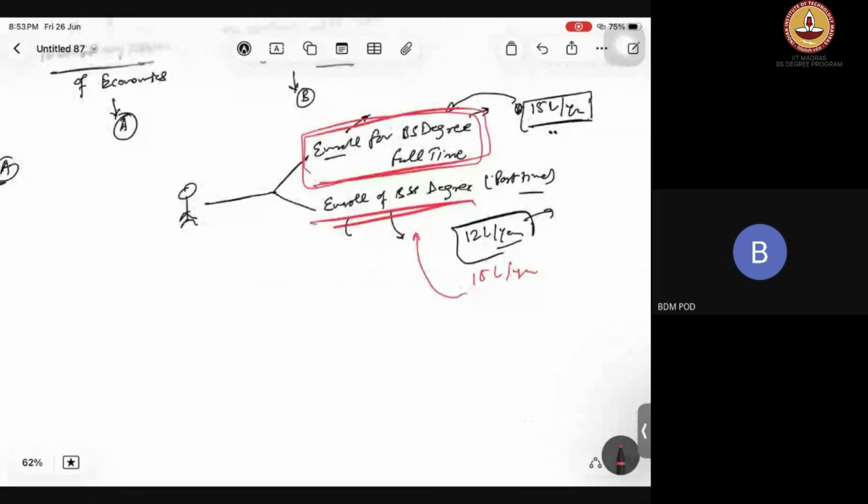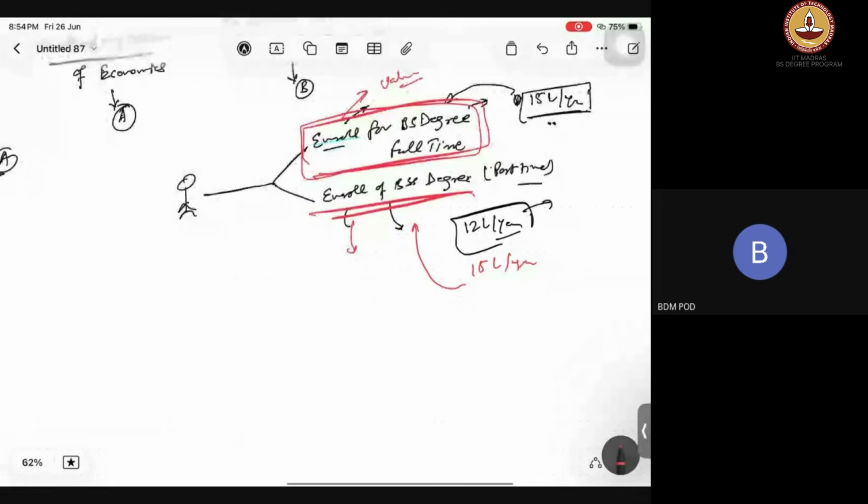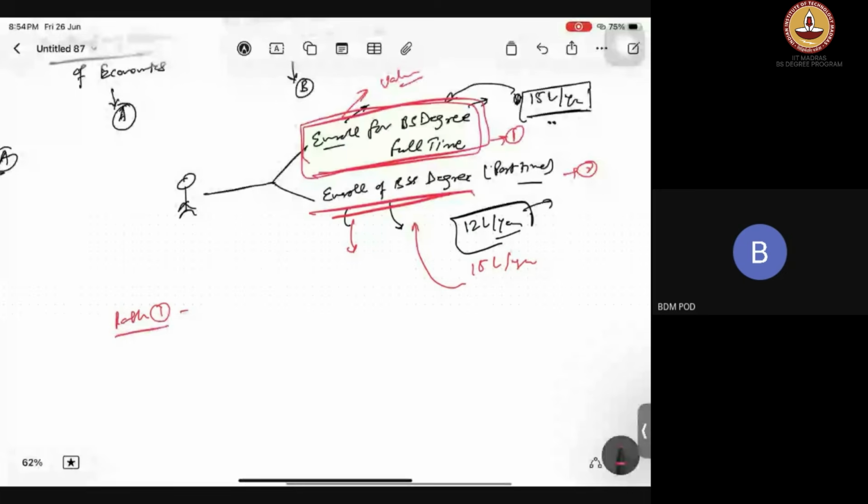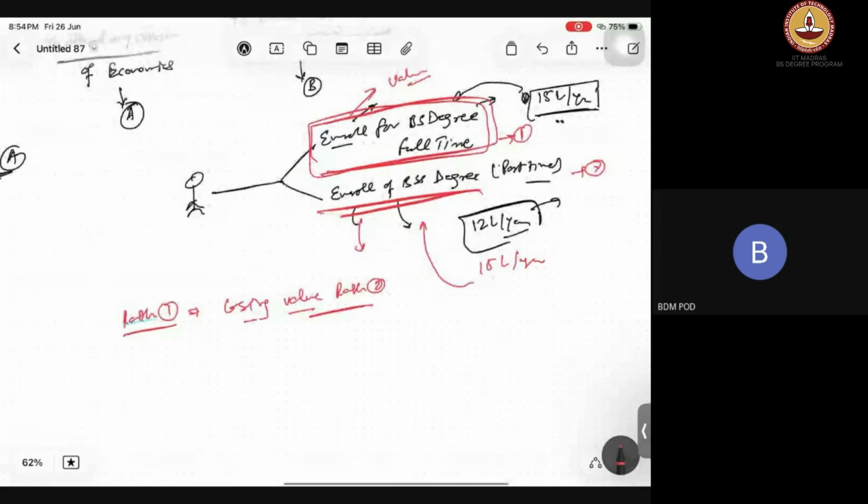This pathway will give some value, and that pathway has a different value. If he opts for pathway 1, he is losing the value which he could obtain from pathway number 2. This giving up is called the opportunity cost.